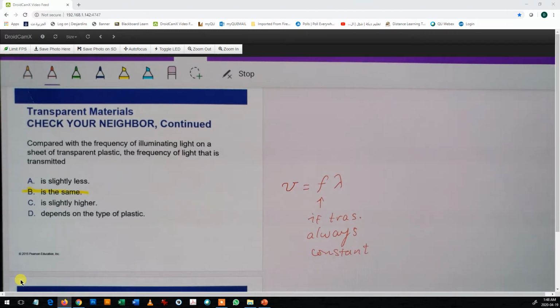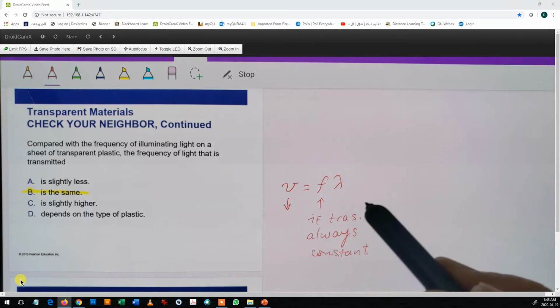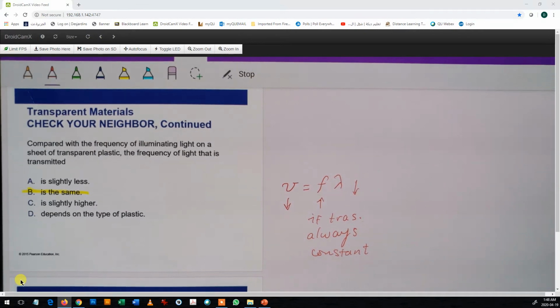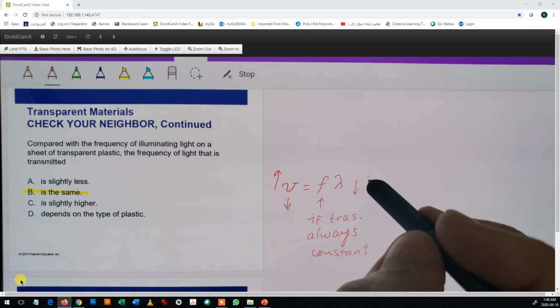Okay, what is different? When v goes down, lambda goes down. When v goes up, lambda will go up.